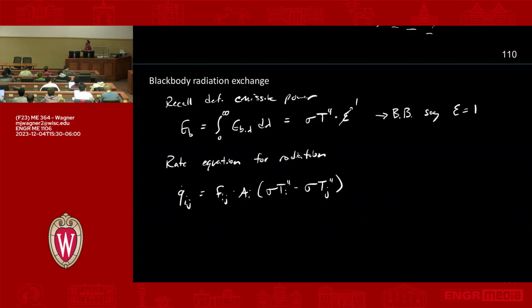There's a reason why I brought the sigma inside. You can identify that what we have inside the parentheses is my emissive power. So where we have this T to the fourth, we can rewrite this in a more straightforward way as F_ij A_i times the emissive power, so this would be E_B,i minus E_B,j.